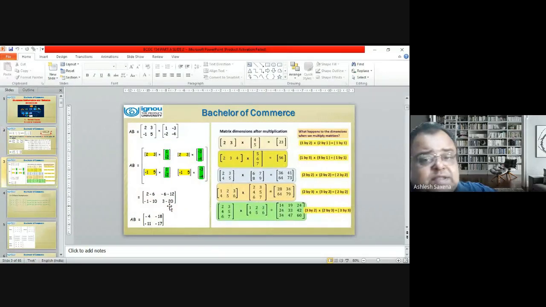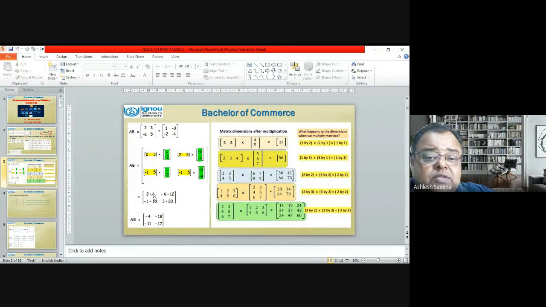Now, again see, if we have a matrix of 2 by 2 order being multiplied by a 2 by 2 order matrix. So here you can see that A is this 2 by 2, this is B 2 by 2. How are we going to multiply? This is 2 into 1 plus 3 into minus 2.